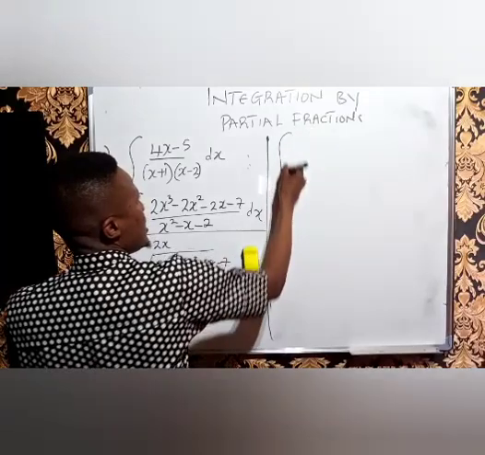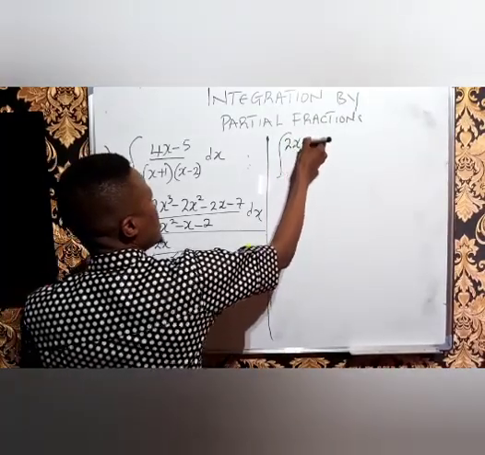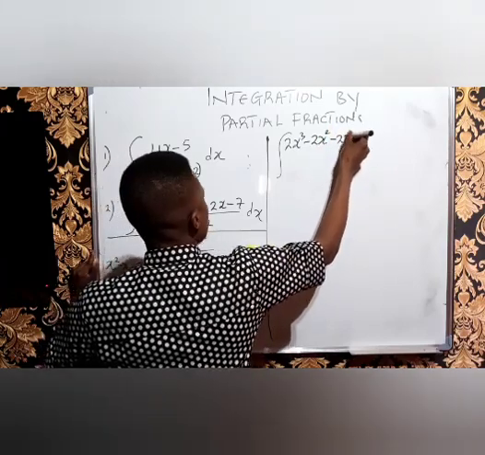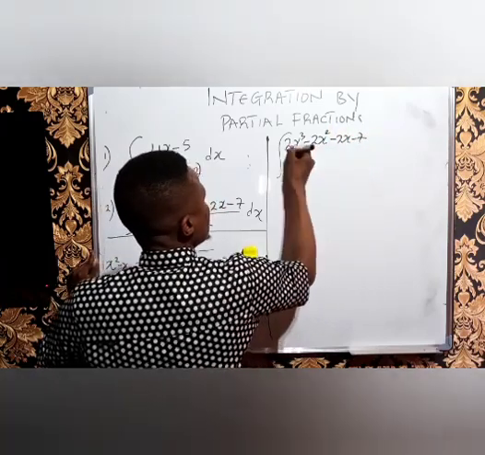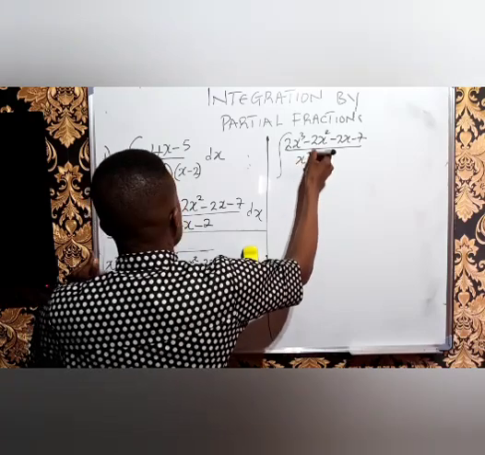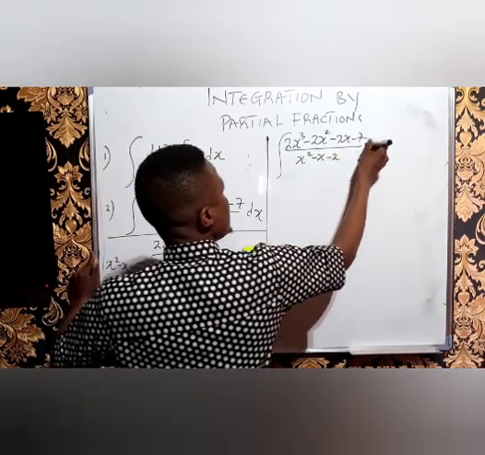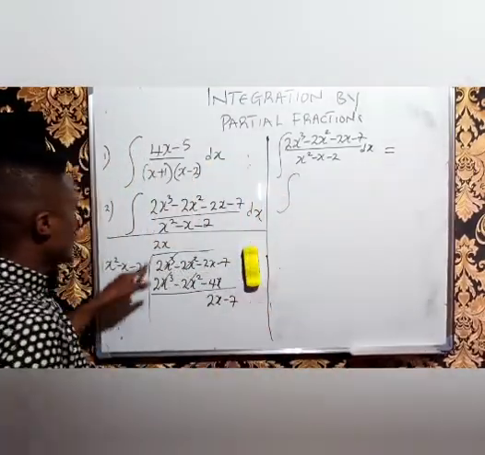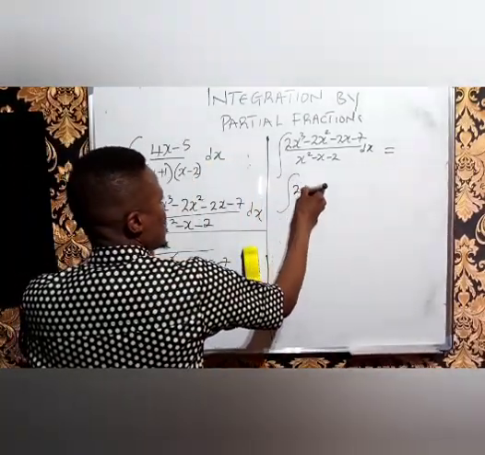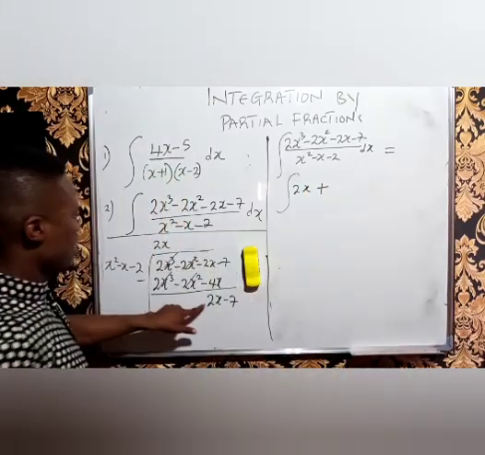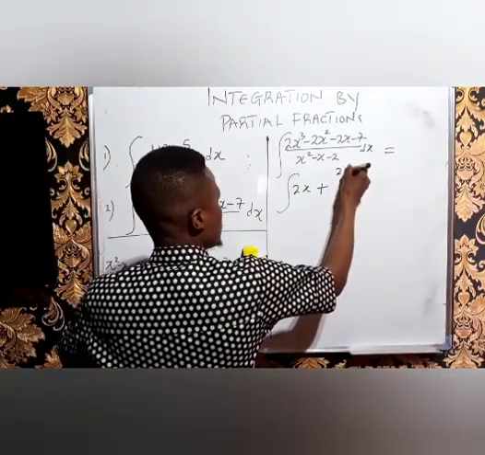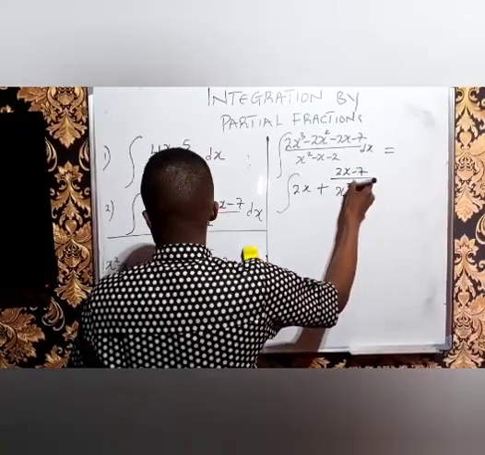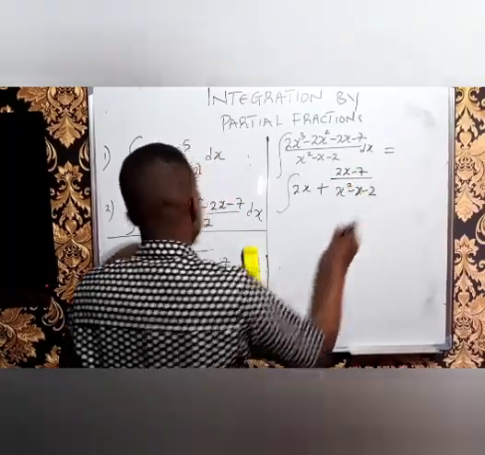Hence, we can write that the integral of (2x^3 - 2x^2 - 2x - 7) over (x^2 - x - 2) dx is equivalent to the integral of the whole number, which is 2x, plus the remainder, which is (2x - 7) all over (x^2 - x - 2).